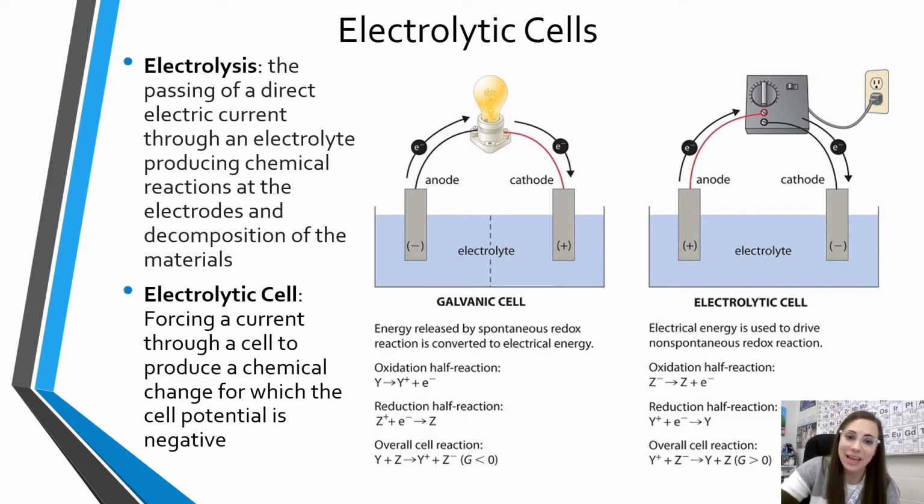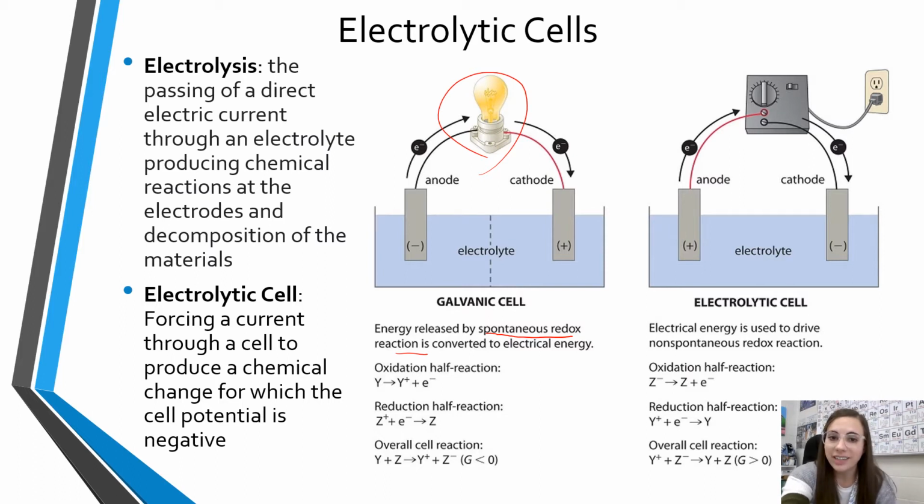What we mean by that is, in a galvanic cell, of course, we have a spontaneous redox reaction where the electrons move spontaneously because the reduction potential is higher and pulls the electrons, creating energy through the chemical reaction.